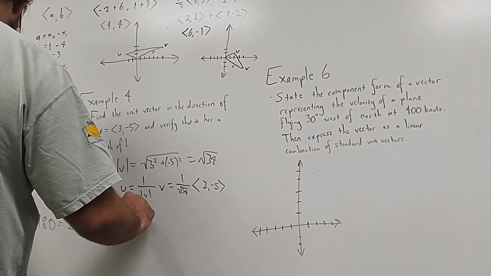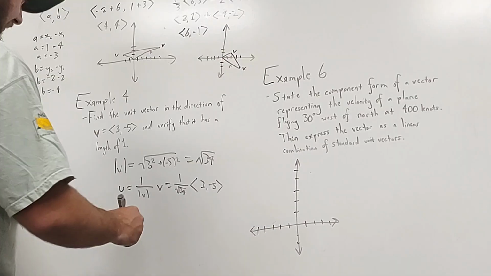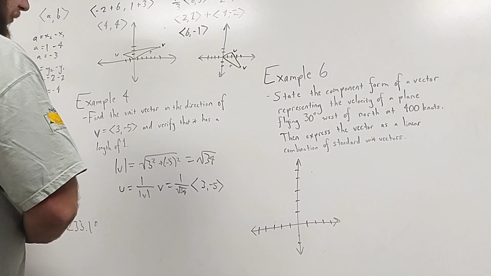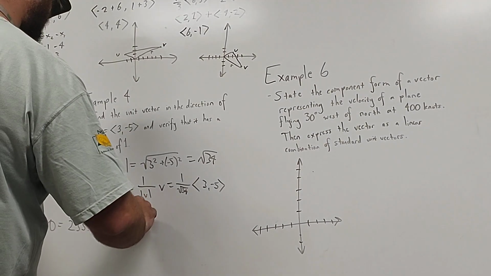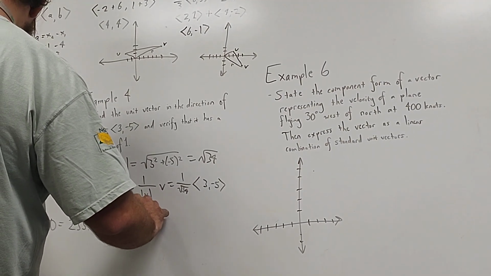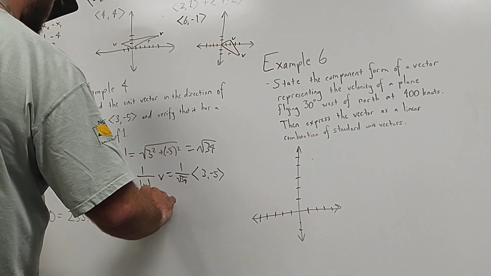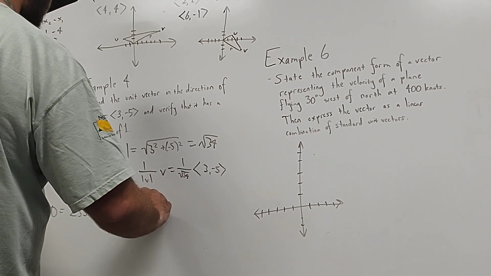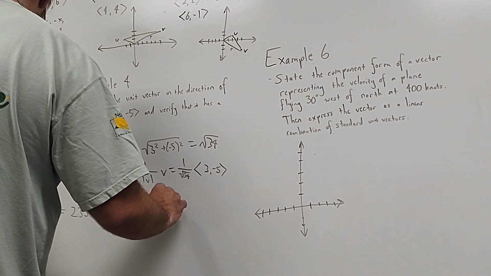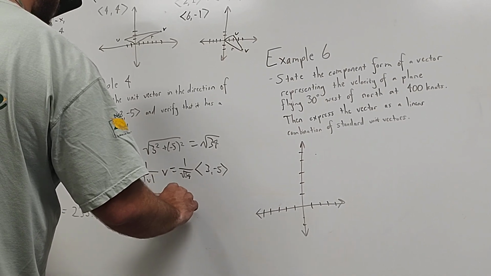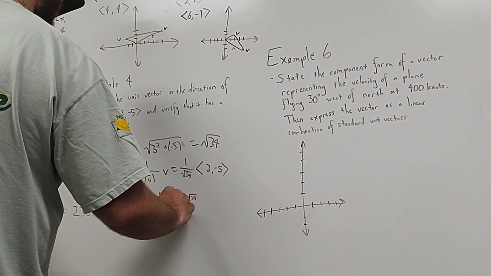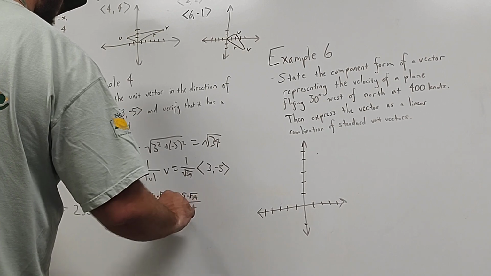And that's going to give us, when we rationalize due to the radical being on the bottom, 3 root 34 over 34, negative 5 root 34 over 34.